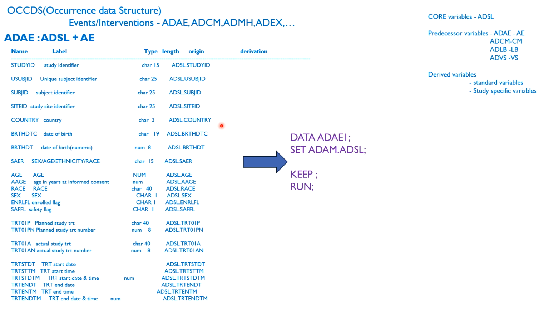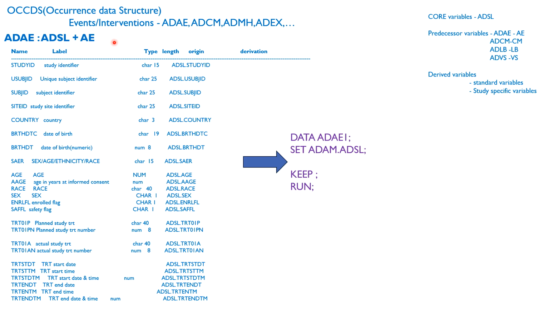What are the core variables, the predecessor variables and the derived variables, which variables and how to derive them, we have already discussed in ADSL. The second one is OCCDS datasets. OCCDS means occurrence data structure.